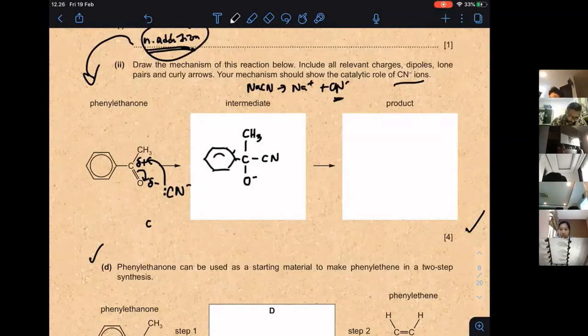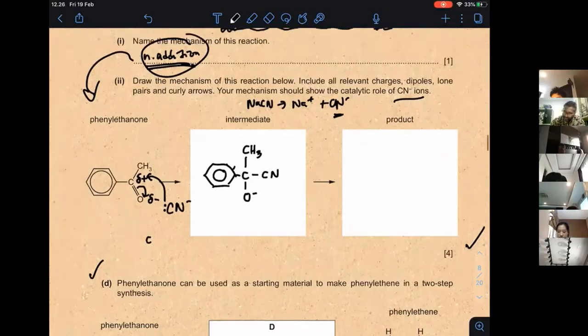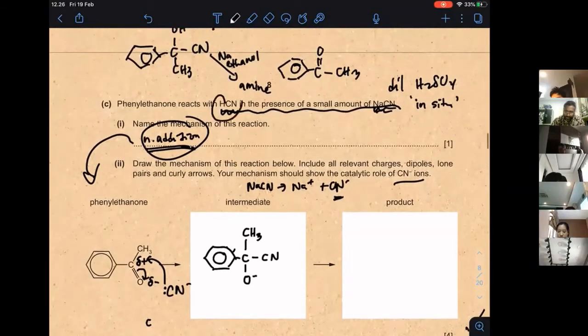It's still okay if you draw it like this, at 90 degrees, but if you want to show it as tetrahedral, that's also fine. Now what's going to happen next is you are going to have this HCN just now.